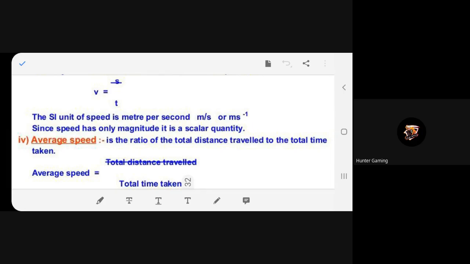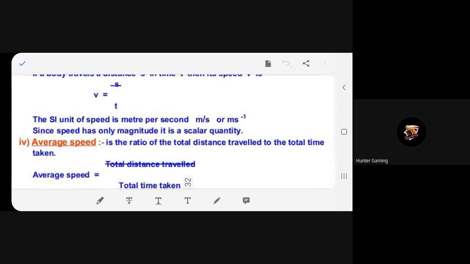Because see, there is no direction. Is there any direction over here? No. It is not important. So only magnitude is important. How much? 2 meter per second, 4 meter per second. So that becomes a scalar quantity.